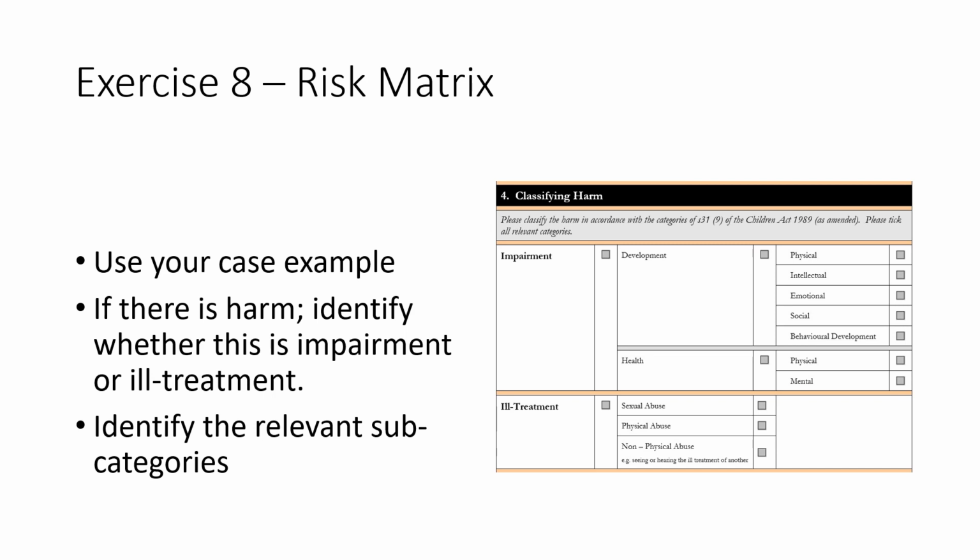For example, identify impairment and/or ill treatment by ticking to select, and if there is an impairment, identify the relevant categories and subcategories. If there is ill treatment, identify the relevant categories. You can pause the video in order to fill in your workbook.